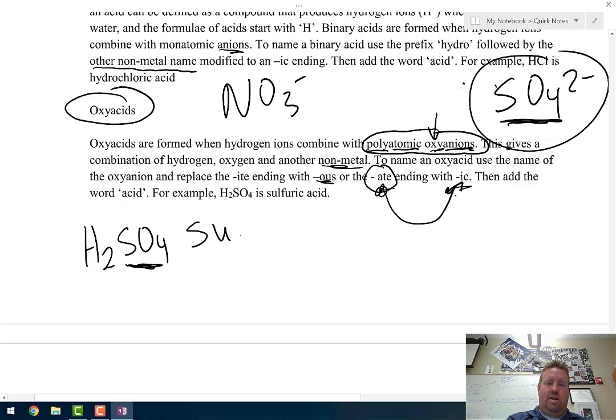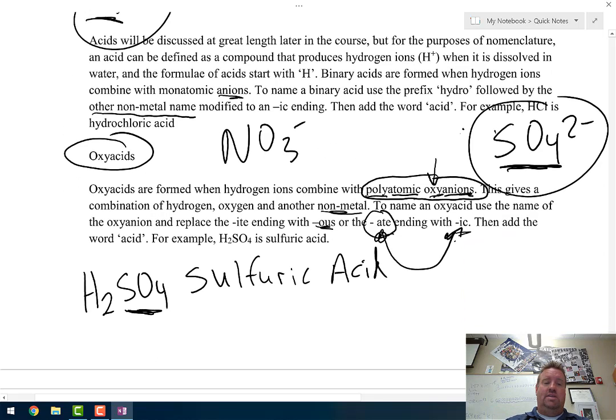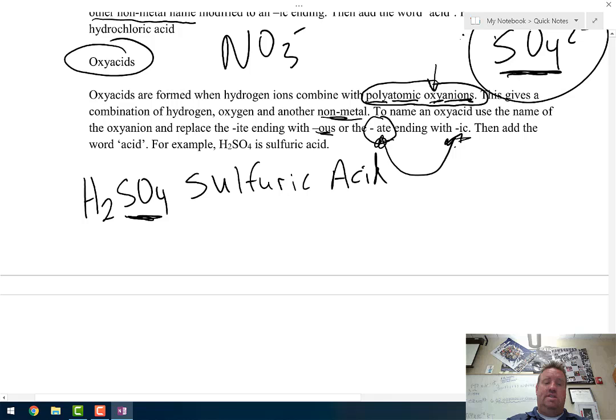So that becomes just sulfuric acid. Notice there is no hydro in the front. If you put hydro in the front, then you're back to being a binary acid. These are not binary acids. These are oxyacids. Oxyacids, you do not put hydro in the front of.